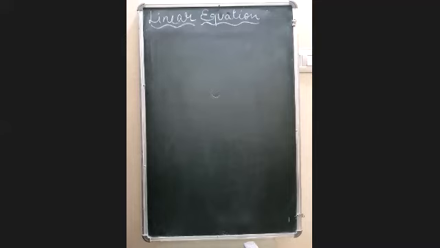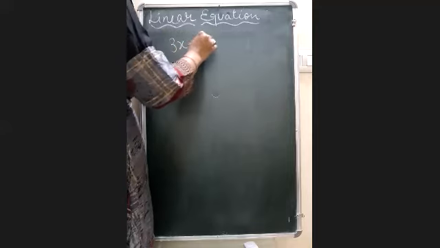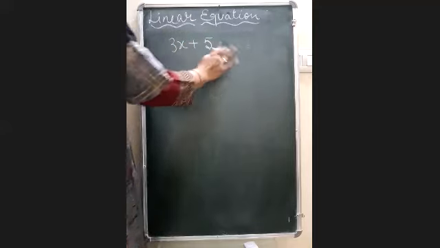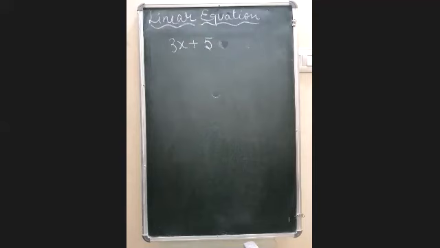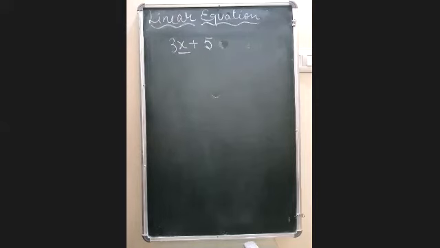I just want to mention to you here that if any expression is written like 3x plus 5, it's just a simple expression. This is not an equation, beta. This is only an expression. If I mention an expression, and you see this, what is the power of the variable?